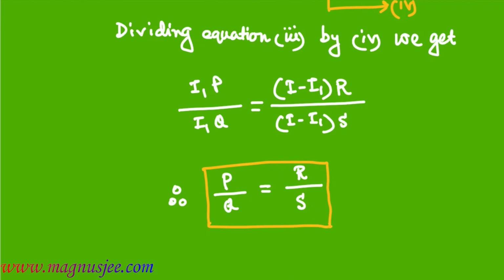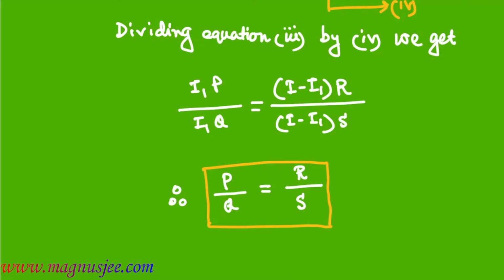That means the ratio of the resistances above the galvanometer, which is P by Q, will be equal to the ratio of resistances below the galvanometer, which is R by S. If P by Q equals R by S, then the balance condition will be obtained.